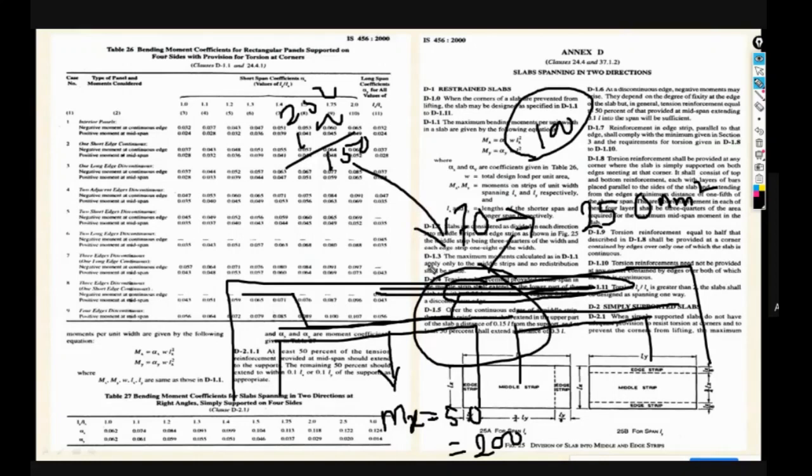So that 150 mm squared we provide as extra reinforcement there. So generally, whatever reinforcement calculation we do at different positions, that reinforcement is as per the bending moment developed at that particular point. Let's say we are designing that particular slab or any element for earthquake, seismic load or wind load.